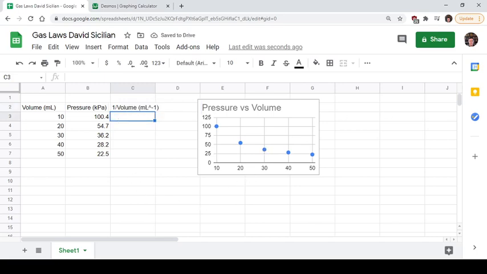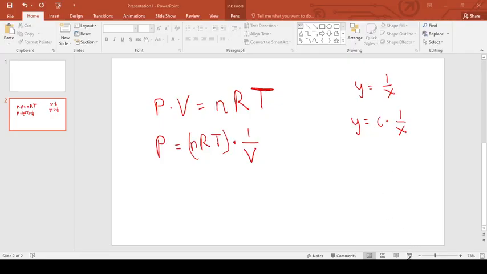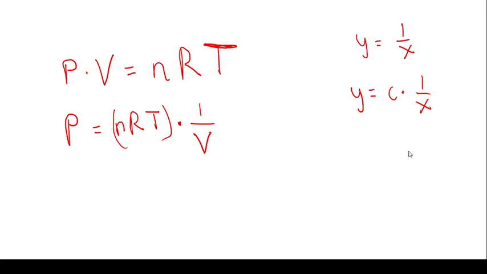And let's go back to our notepad here. So back to the ideal gas law. What this shows is that if we were to plot pressure versus 1 over volume, then what we should see is a linear relationship.